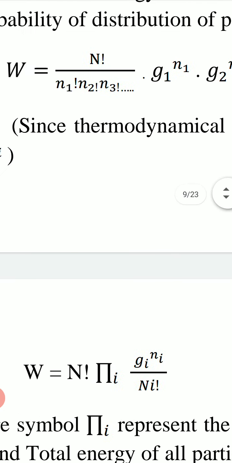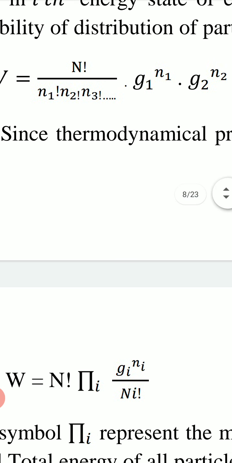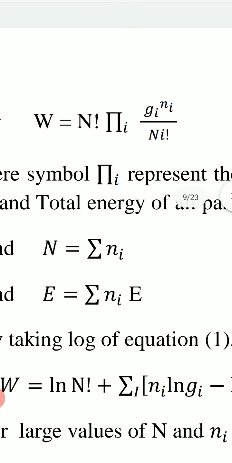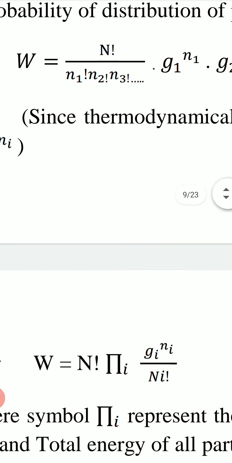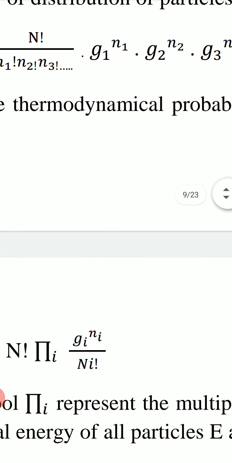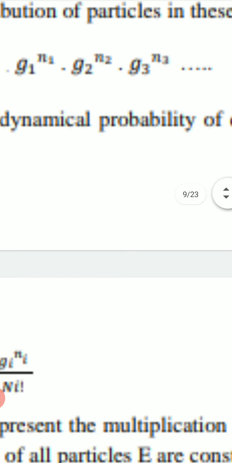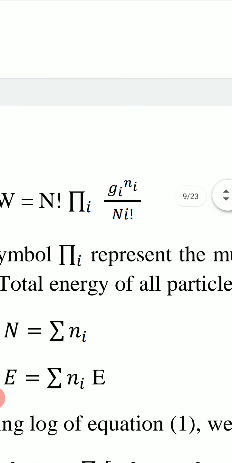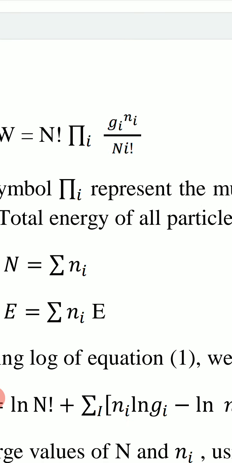So for this type of distribution, thermodynamic probability W is given by this relation, and this relation we can write as W equal to factorial N. Then we have multiplication of several terms like g1 to the power n1 into g2 to the power n2 into g3 to the power n3, and the multiplication of these several terms can be written as pi i gi to the power ni.